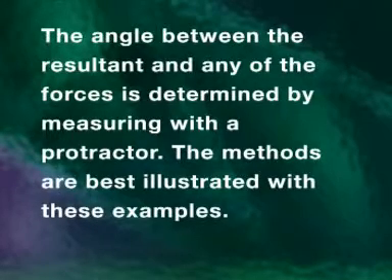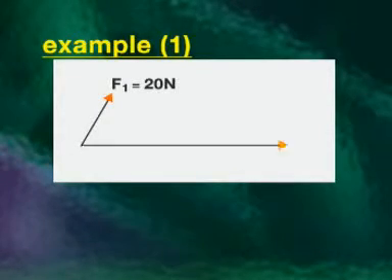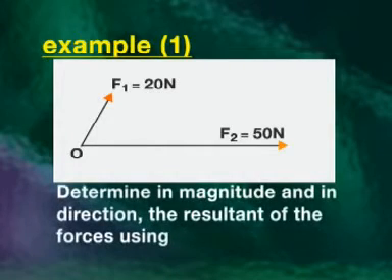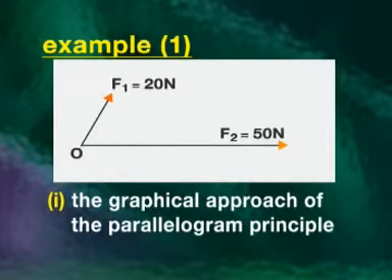The methods are best illustrated with these examples. Example 1. Two forces F1 and F2 act at a point O, as in the diagram shown on the screen. Determine in magnitude and in direction the resultant of the forces using 1.